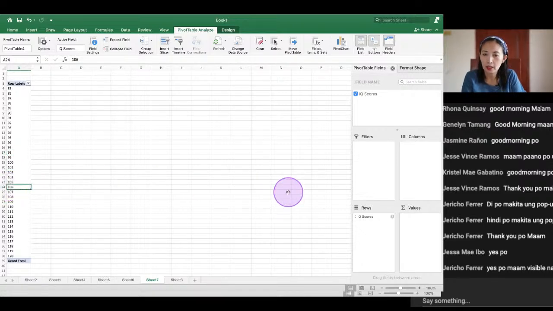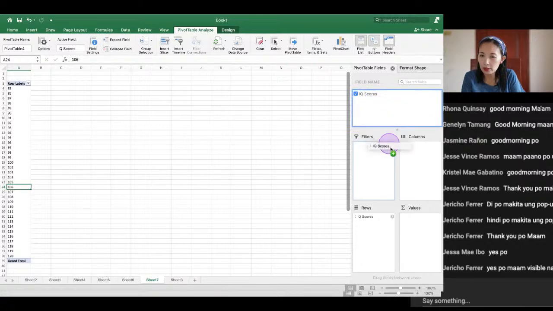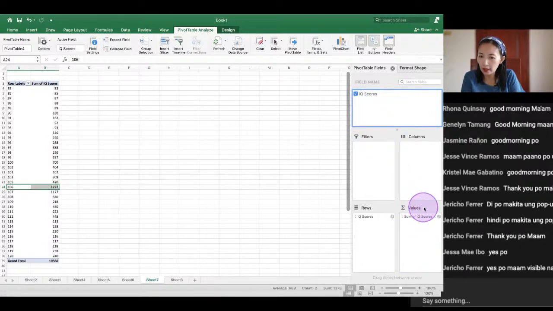Next, go back to the pivot table fields, drag IQ scores to the summation values box. Since this is summation, it will just give you a sum of scores.